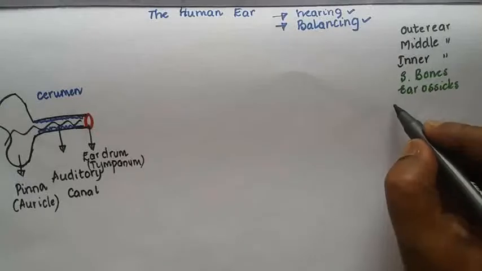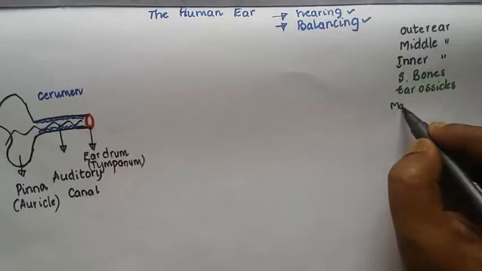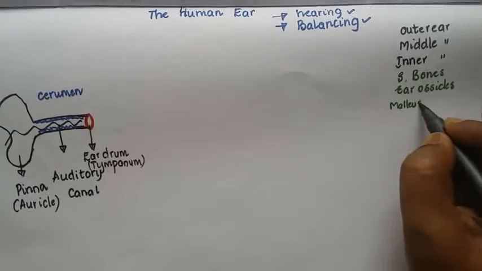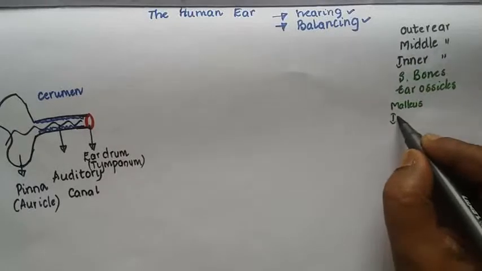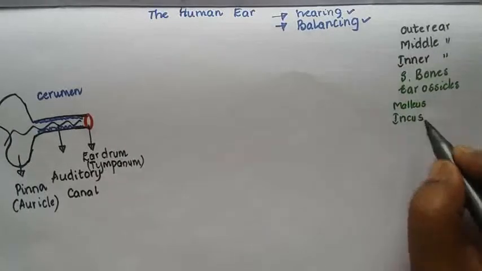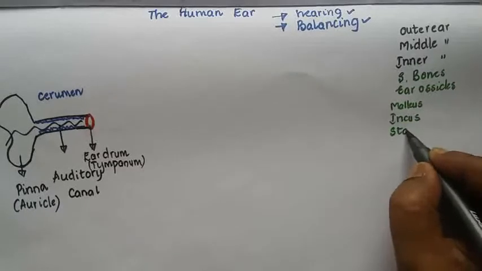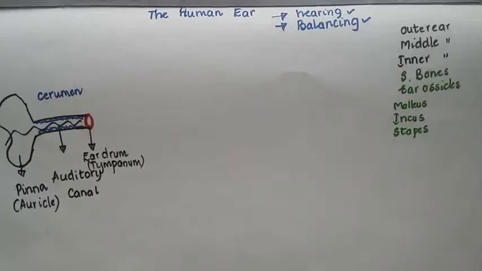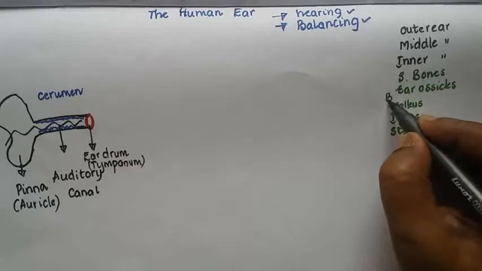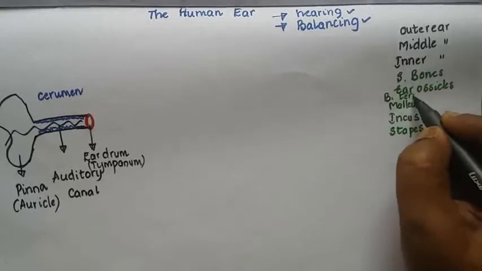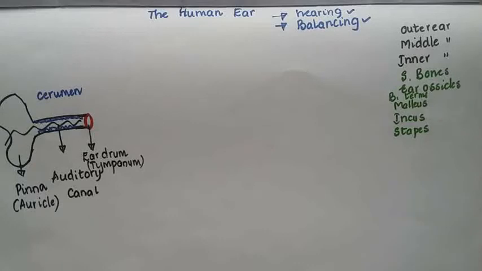These three smaller bones are known as Malleus, which is the first ear ossicle, followed by incus and stapes. So Malleus, incus and stapes are the biological terms or the scientific terms of these ear ossicles.